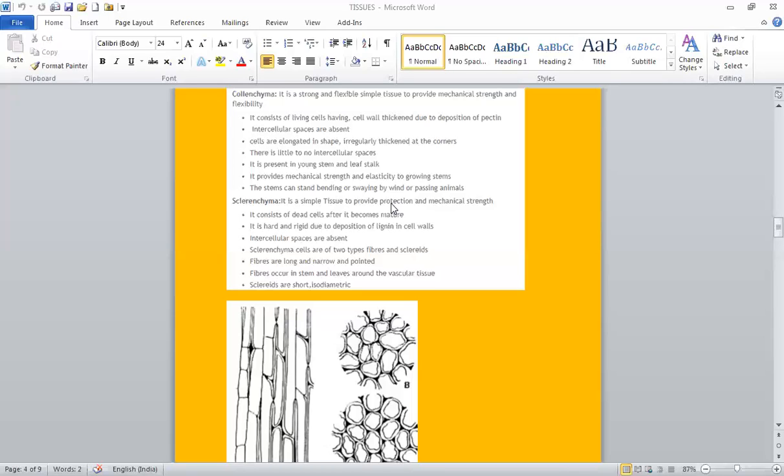As I've already told you, it is a supporting tissue, and it is responsible for the flexibility of the plant. It provides strength to the plant and increases its flexibility. It allows easy bending of the stems and leaves of the plants without breaking them.